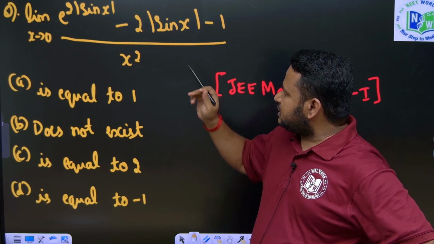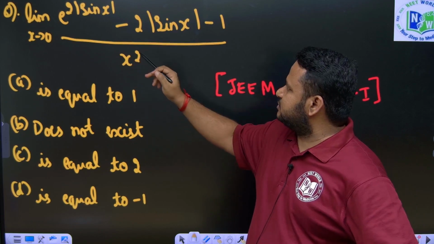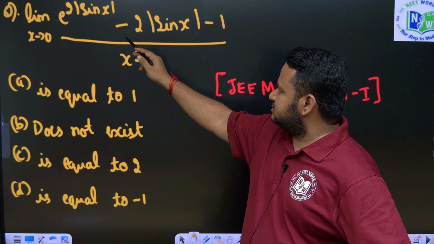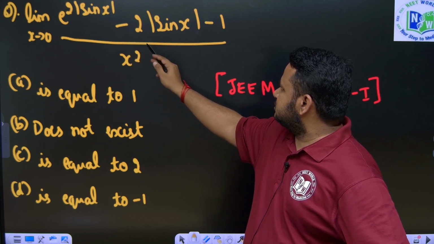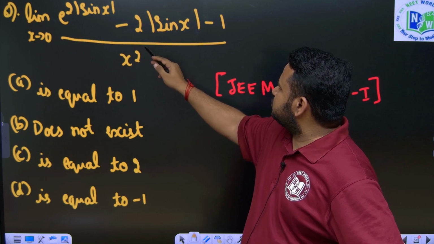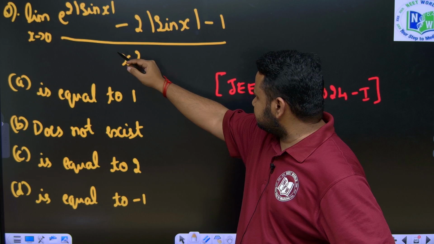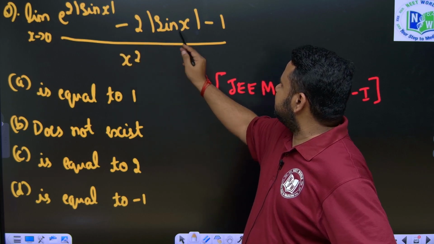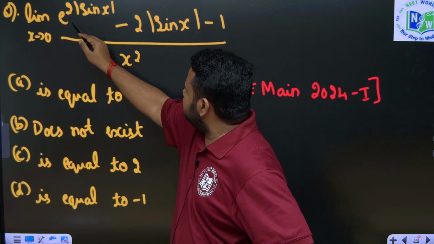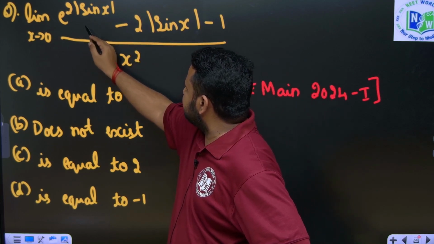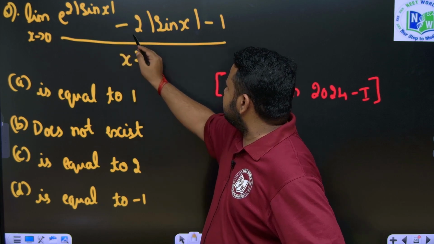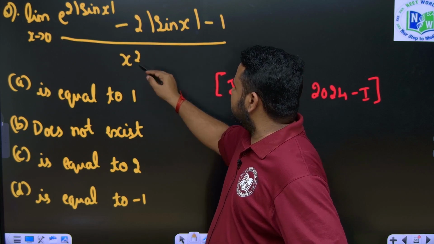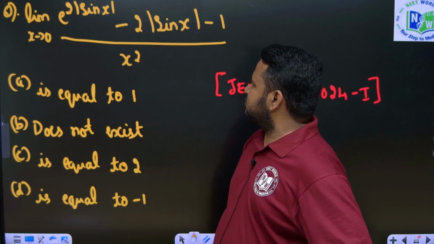Here, if I put x equal to 0, I get e^(2 sin 0), that is e^0 which is 1, then 1 minus 2 sin 0 is 1, minus 1, so 1 minus 1 minus 1 ... you are getting 0 by 0 form.